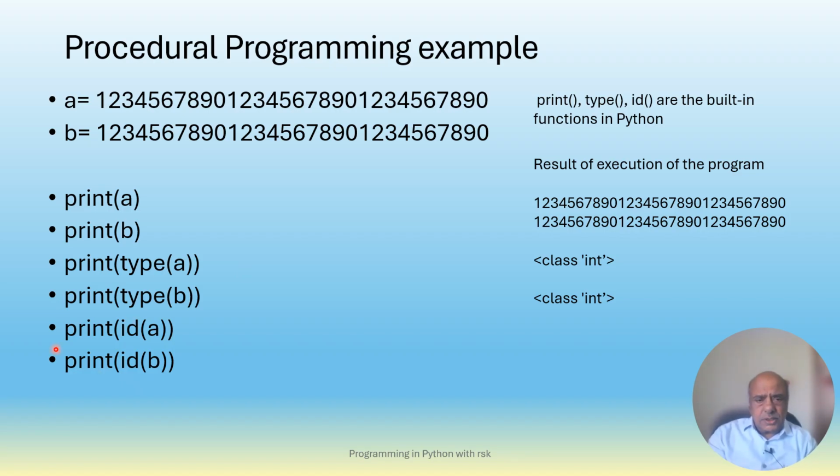What we are trying to do here is print id A and print id B. These two statements will output the id of variable A and variable B. For the moment, we may consider it as the memory addresses for A and B, which is not true, but for our understanding, we can think that these are the memory addresses.